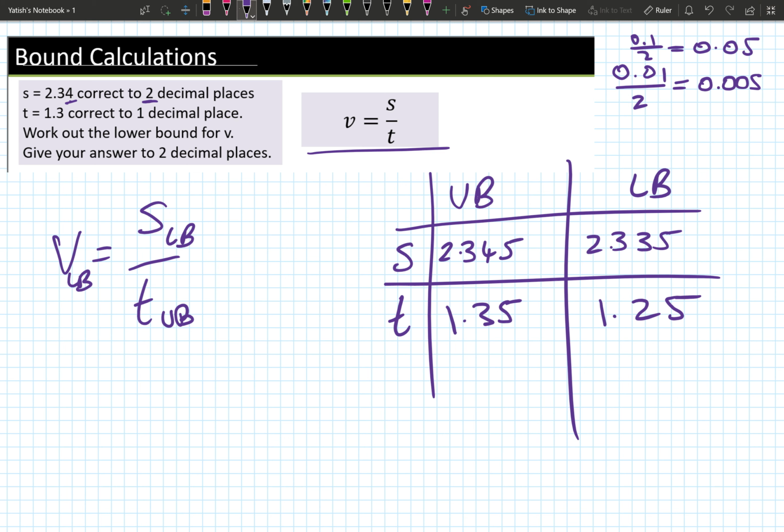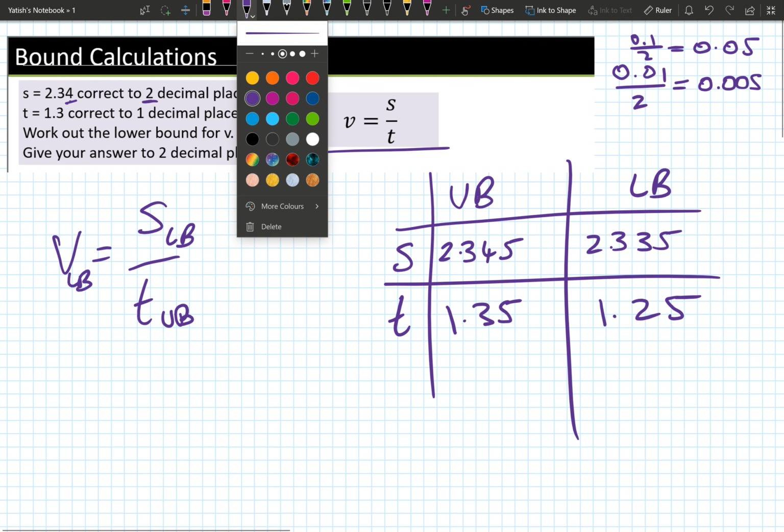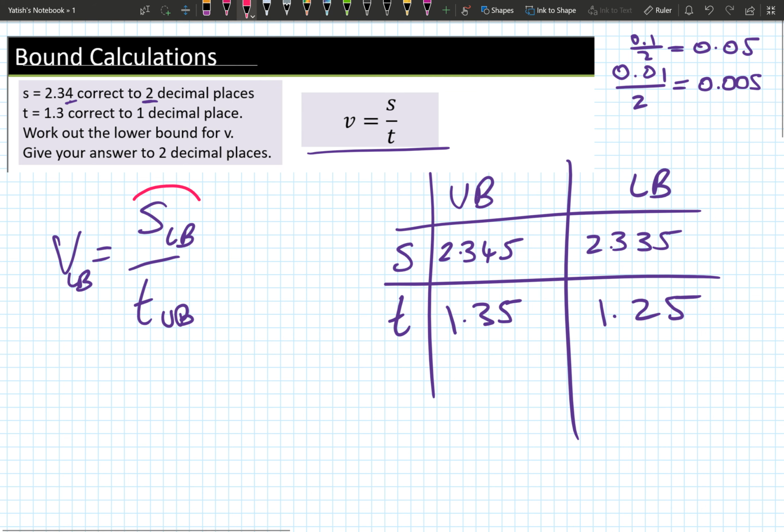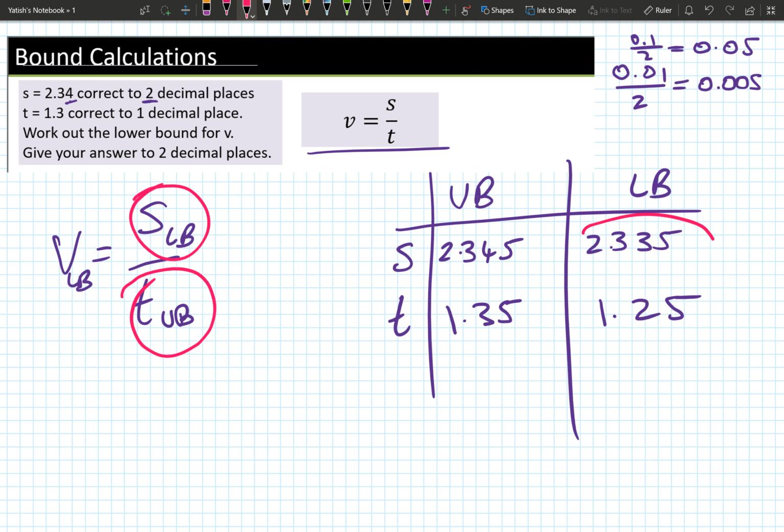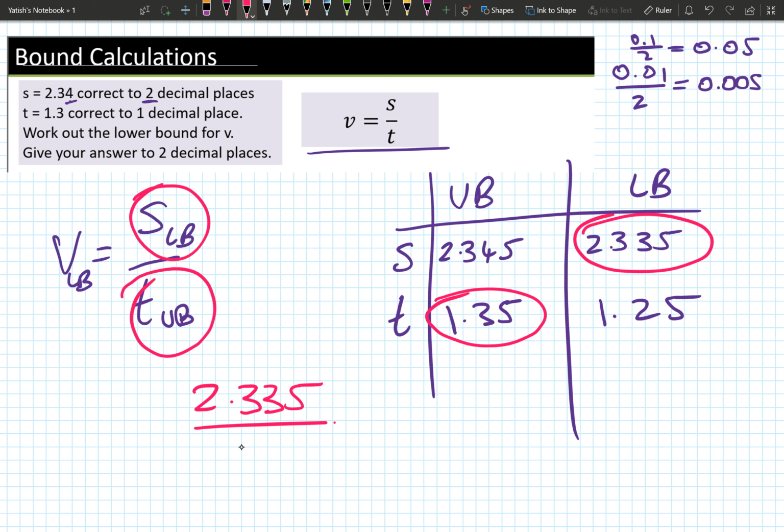Now I'm looking for the lower bound of S, which is here, and the upper bound of T. So it's going to be 2.335 divided by 1.35.